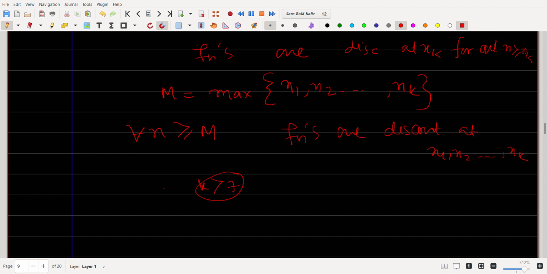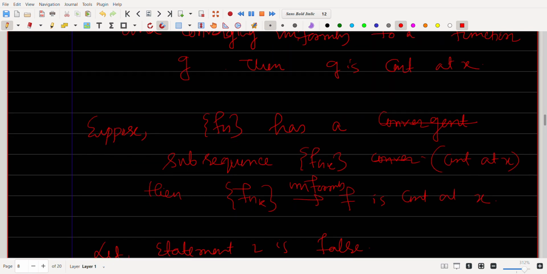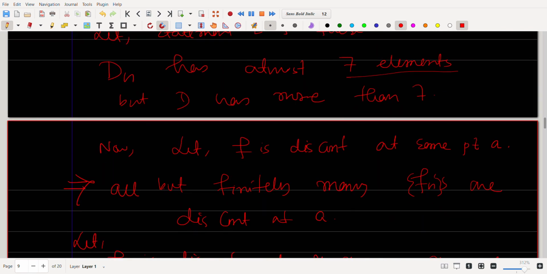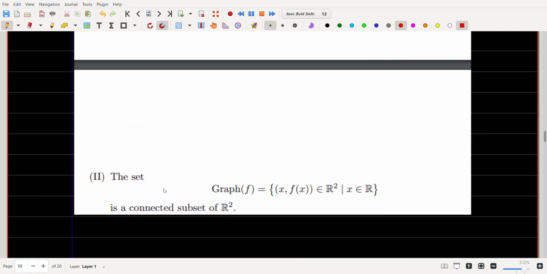But here we can see that for large n, greater than or equal to m, fn's are discontinuous at x1, x2 up to xk. So if we assume k to be greater than 7, then they also have discontinuity at more than 7 points, which is a contradiction. Hence, this k must be less than or equal to 7. So that's why more than 7 is wrong, and this one is correct.